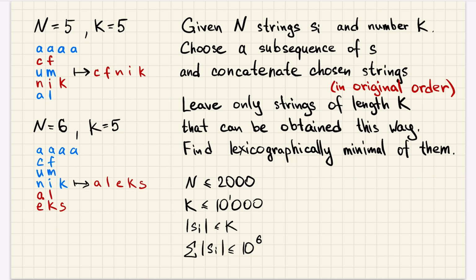Note that it would be cool to start with a lot of A's, but we cannot get length 5 if we do that, so we have to take one string of length 2 and one string of length 3.